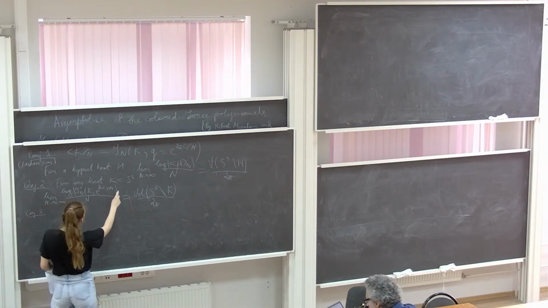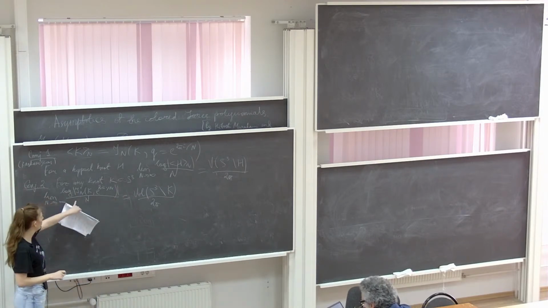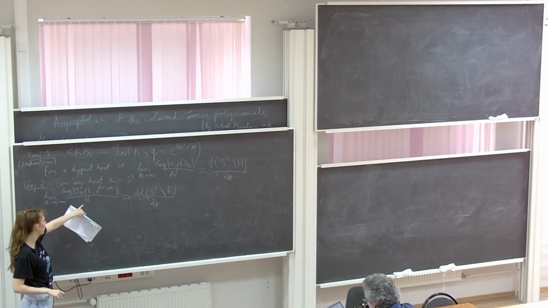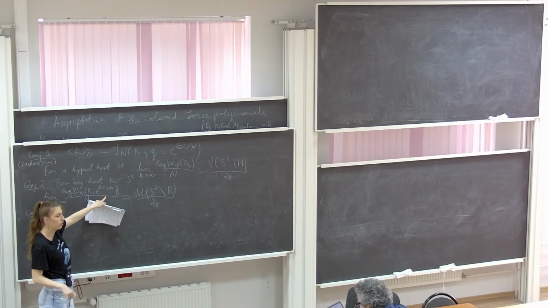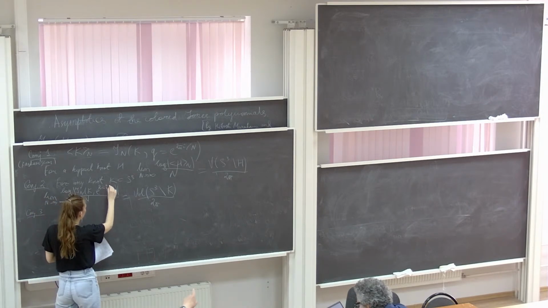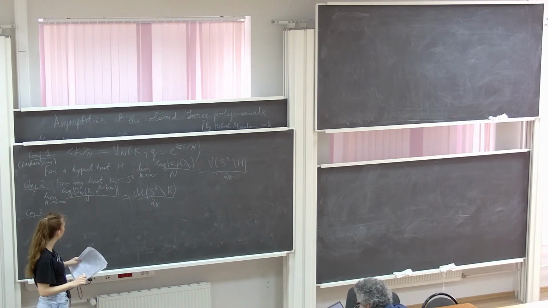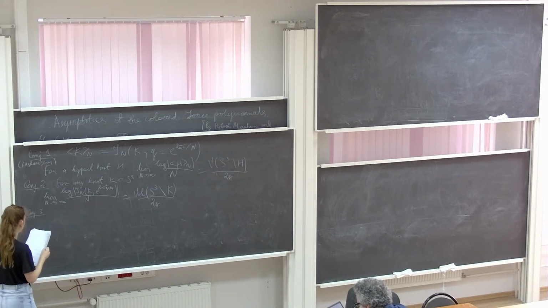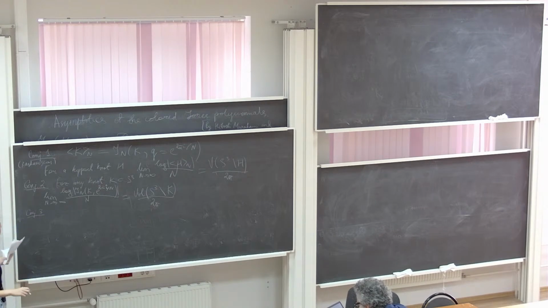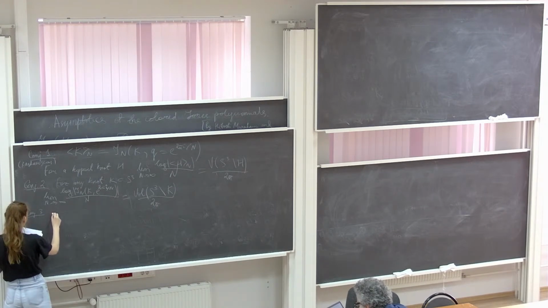This is the Jones polynomial evaluated at the point e to the power of 2 pi i divided by n. I'm just being historical.